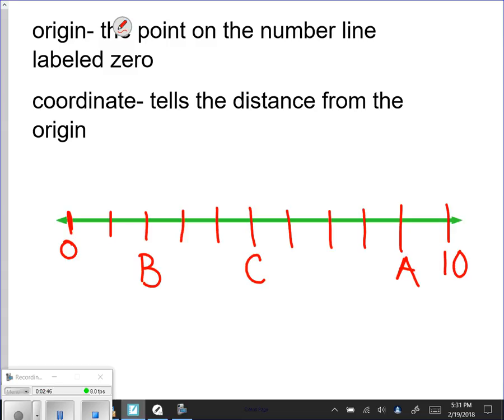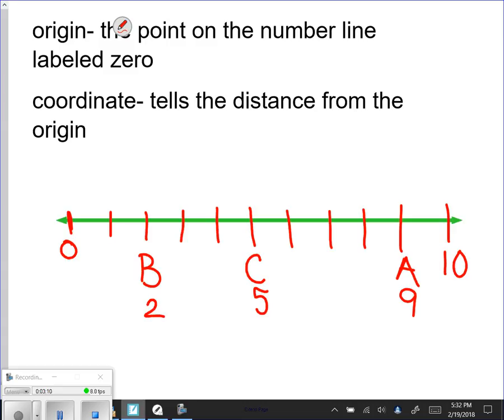There's 1, 2, 3, 4, 5, 6, 7, 8, 9, 10 lines. So each of these should have a value of 1. So C is 5. So what is the value of A? You should have said 9. So what is the value of B? You should have said 2.